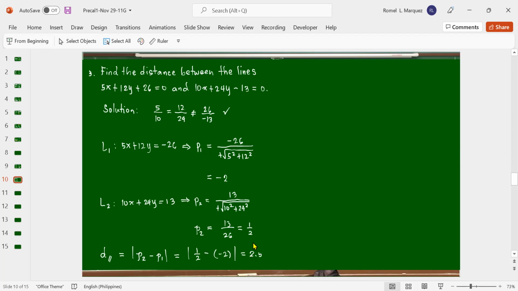Am I correct? Okay? So 2.5 units. That is the distance between them. Any question with this, guys? None po. Okay? So no more question about this.